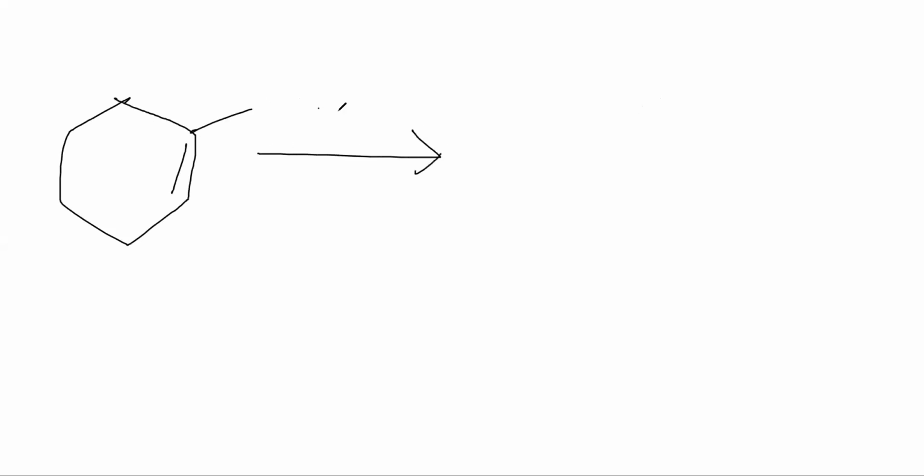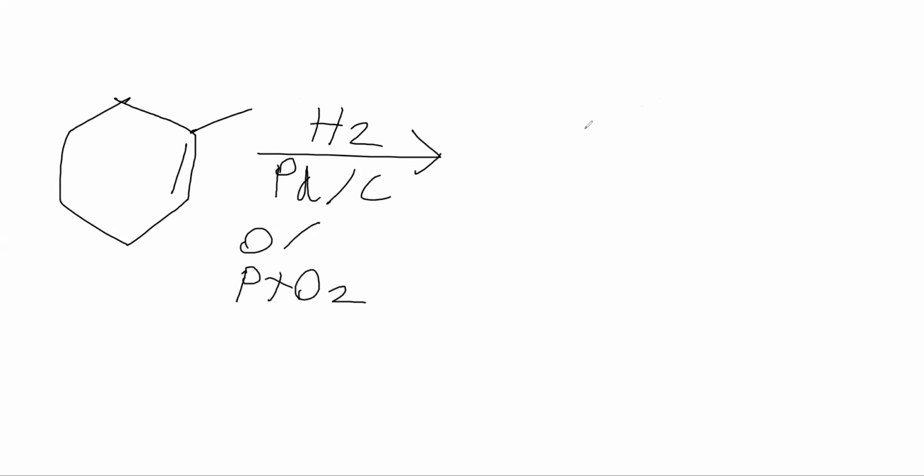I think there's only one other reaction, looking over this. Oh, okay, two, I guess. So if we add H2 over Pd/C, which is a palladium catalyst, or PtO2, a platinum catalyst, that will just reduce the double bond and form an alkane.